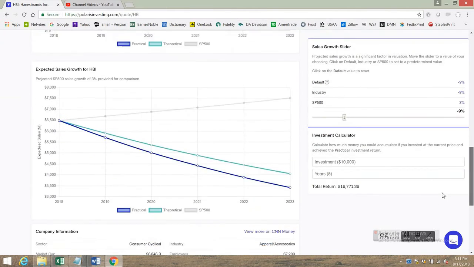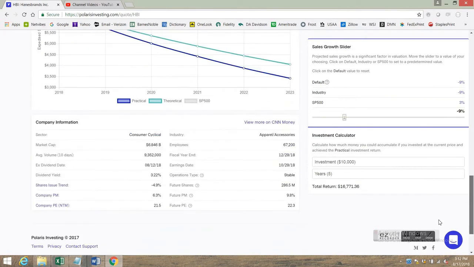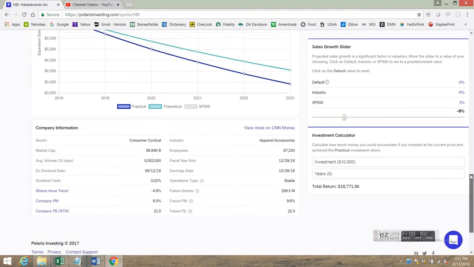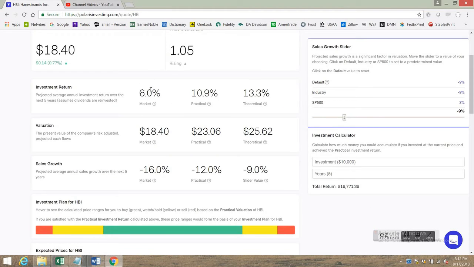So one is the sales growth slider, and then 3 out of the next 5 are down here under future shares, profit margin, PE, and like I already mentioned, the cost of capital is 6%. And then I just have to tell you that the default term for the competitive advantage period used by Polaris is 5 years.